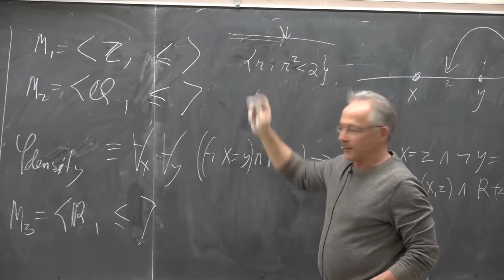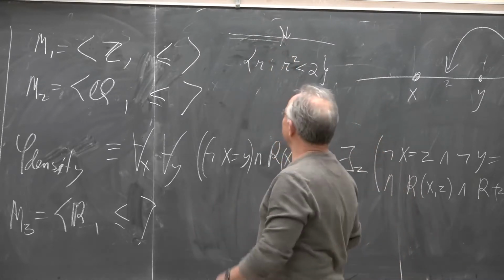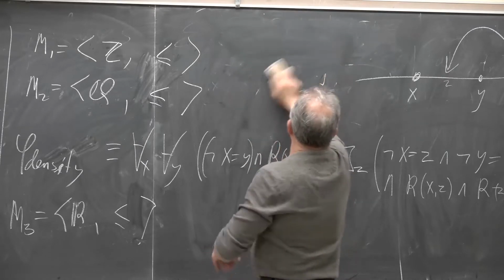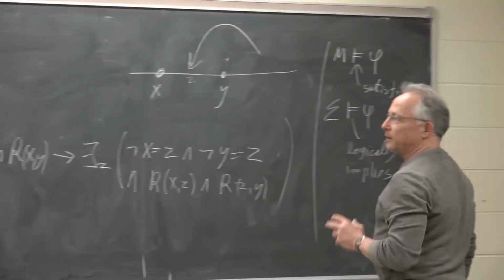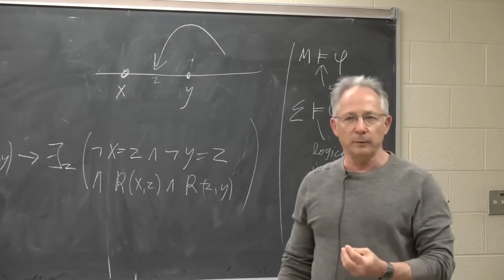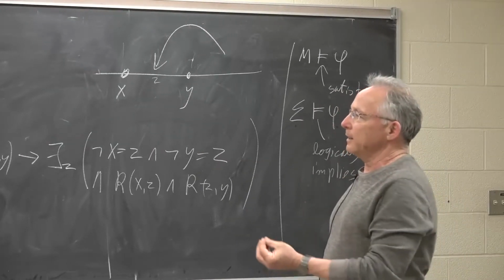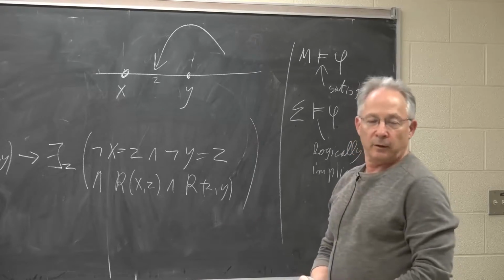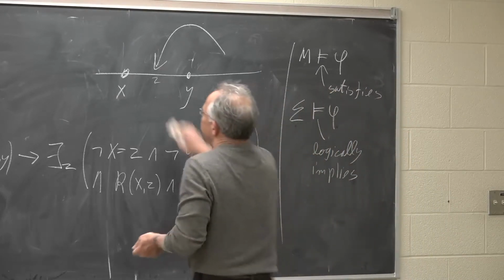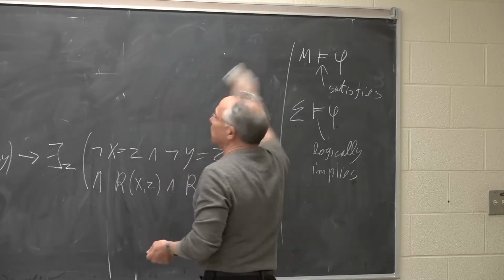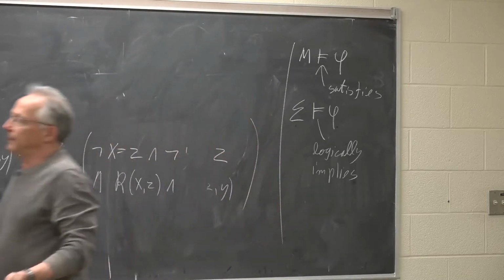It's not rational. Anyway, we don't want to get into other types of maths, but we can see that the first-order language is a very rich language. It already allows us to express lots of stuff just with one relation. But with one relation, I can also express stuff which is not about orderings. I can express something completely different.